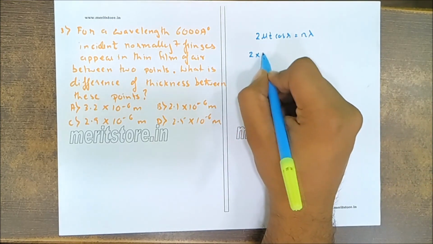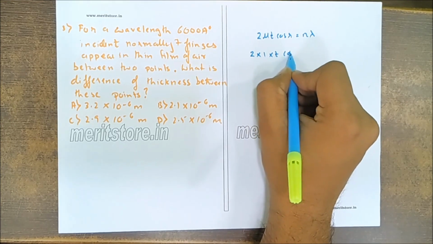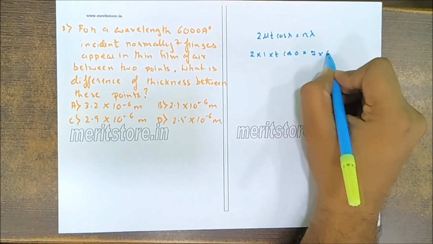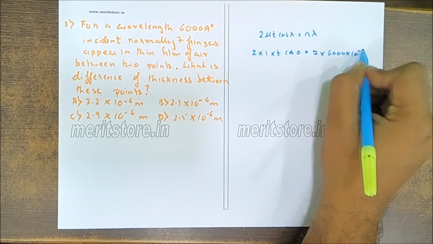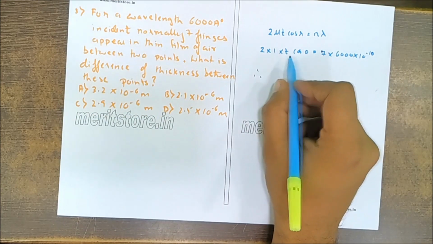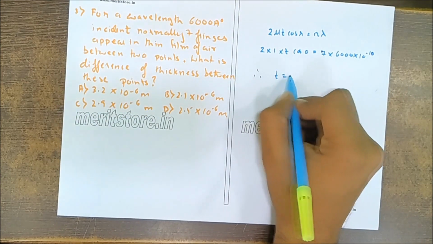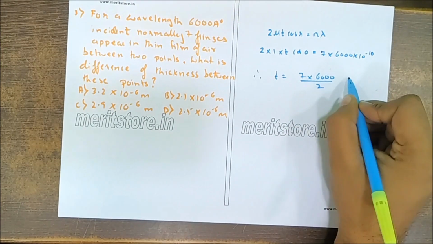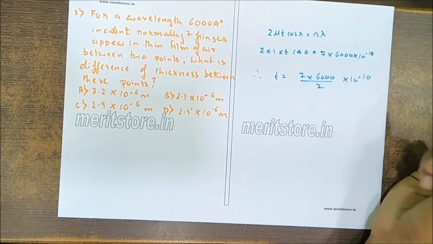So this is 2 into 1 into t cos 0 is equal to 7 into 6000 into 10 raised to minus 10. So therefore cos 0 is 1, so 2t. So t is equal to 7 into 6000 upon 2 into 10 raised to minus 10.